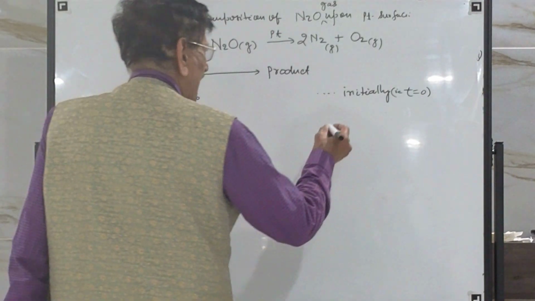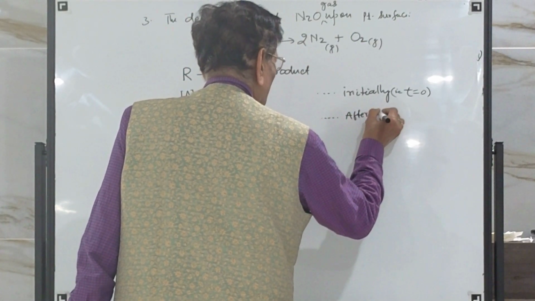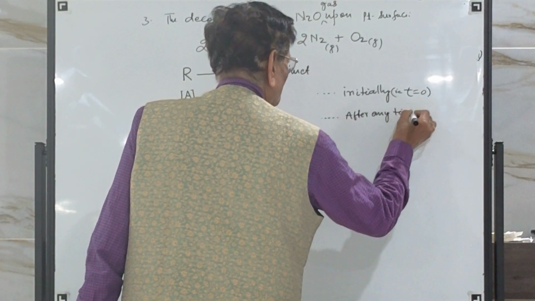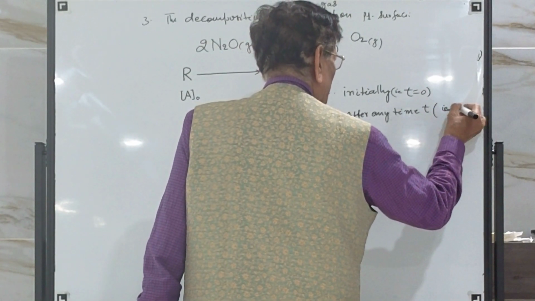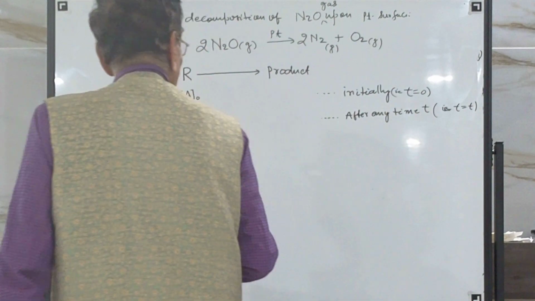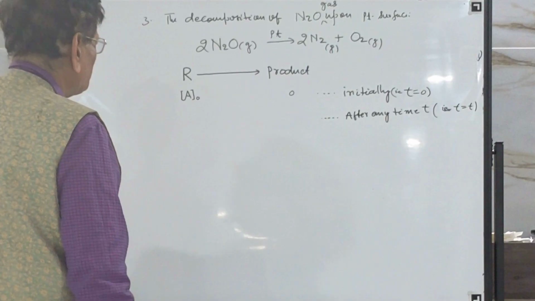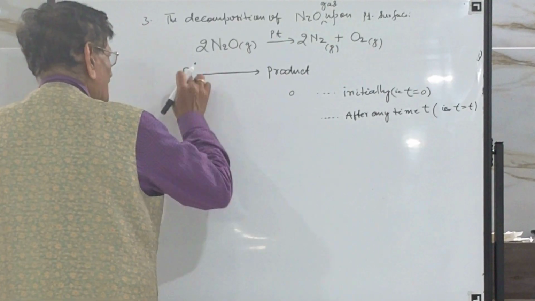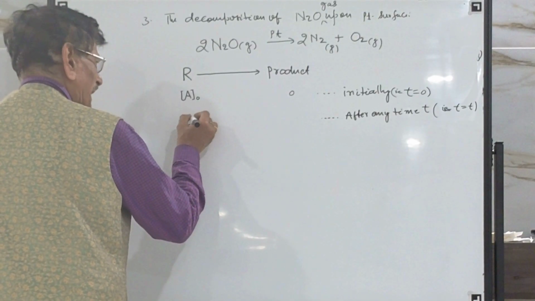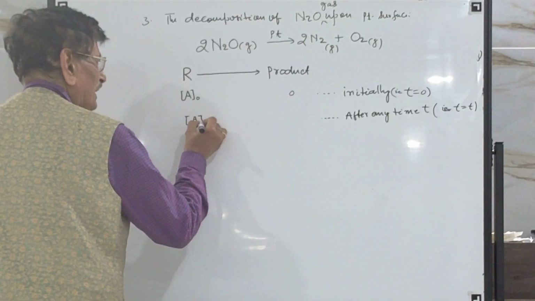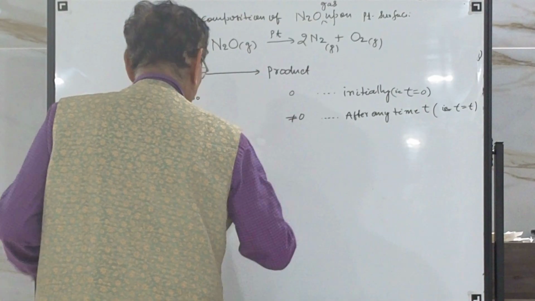And after any time t, that is t is equal to t. Initially, the product is zero. And after any time t, suppose the concentration of R decreases from A naught to A, the product concentration is not zero, it is something.